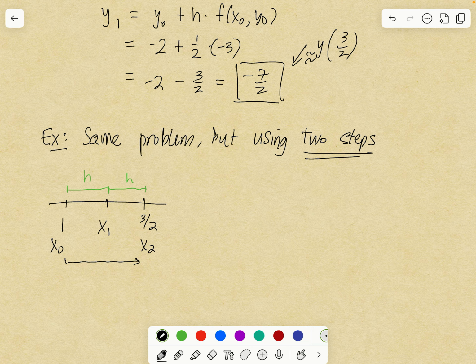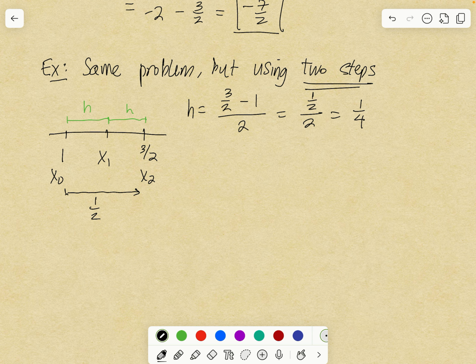We know that to go from 1 to 3 halves, that's half a unit. So our h is going to be half of that. It's 3 over 2 minus 1, so that's the change in x, and then divided by the number of steps, which is 2. So that's going to be 1/2 divided by 2, and that's 1/4. So our step size is 1/4.